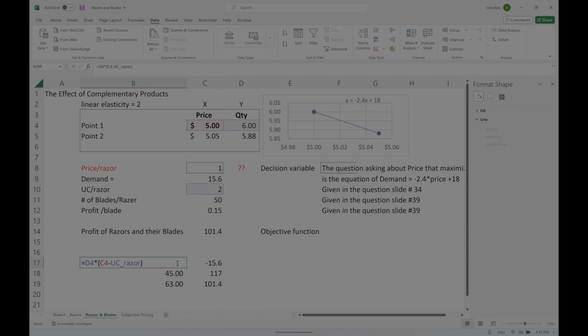So the idea mathematically is, as you can see, there's a quantity here times the price minus the unit cost of the current state, because this 0.1 is the current state given by the question. So your current state is that you're making 18 million in profits from razors.